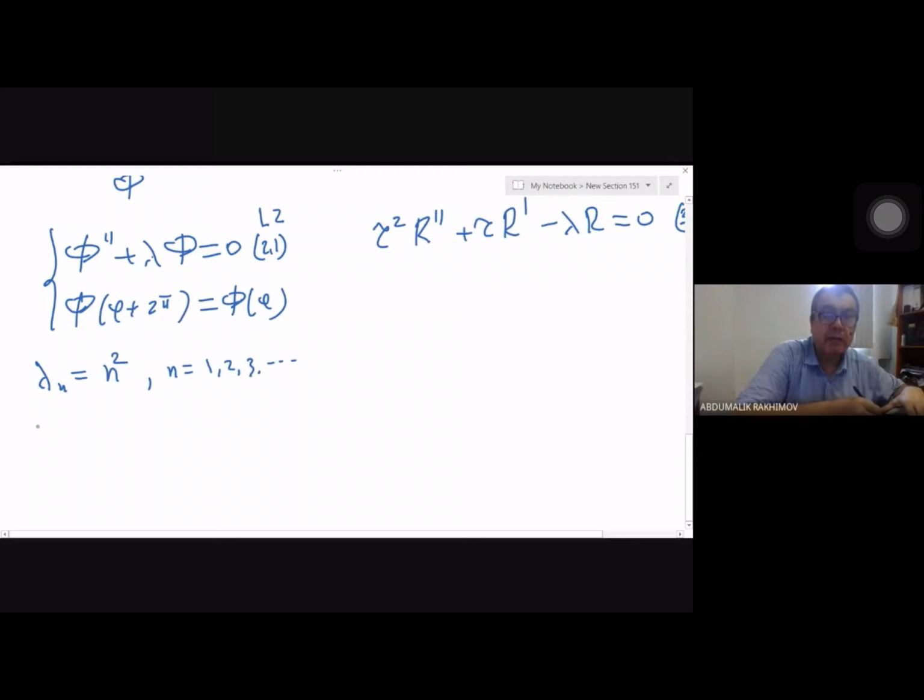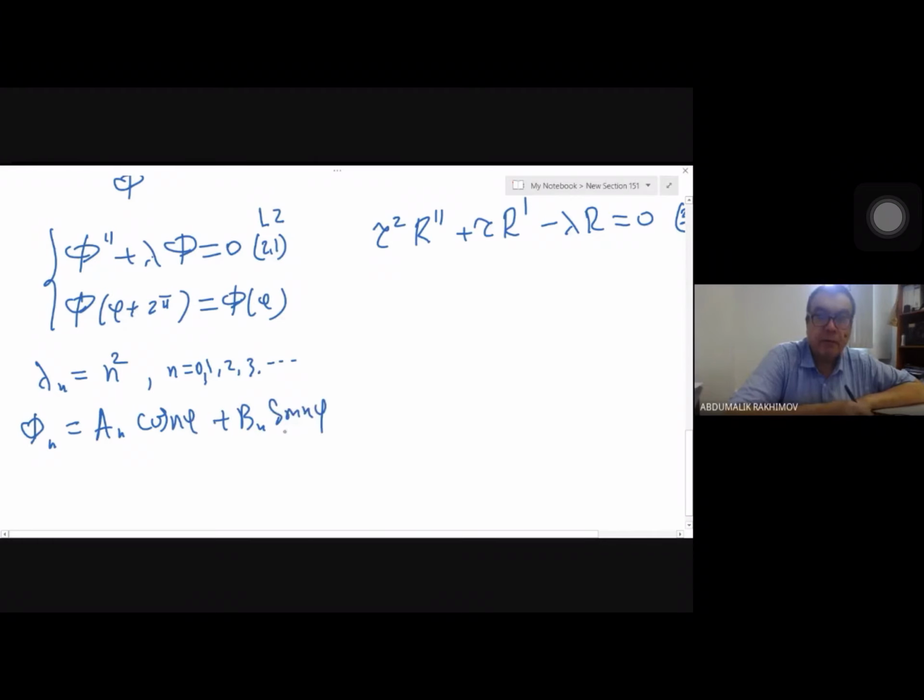Phi n is equal to a n cosine n phi plus b n sine n phi, and n equal 0 is also included.